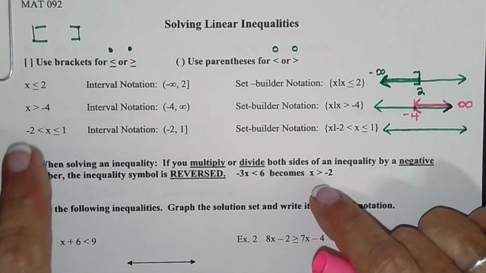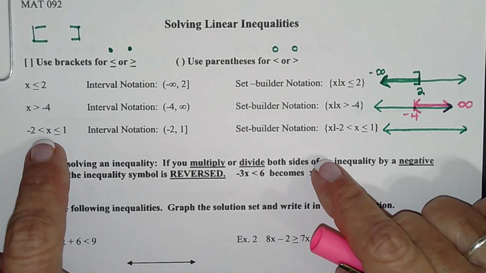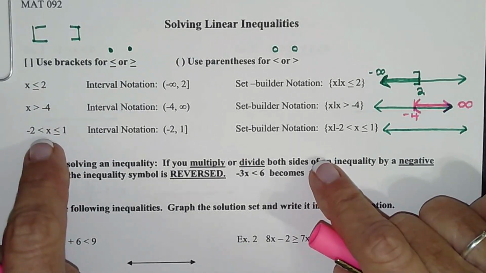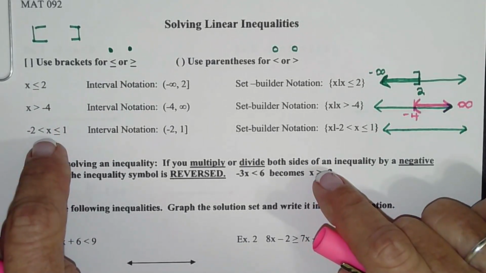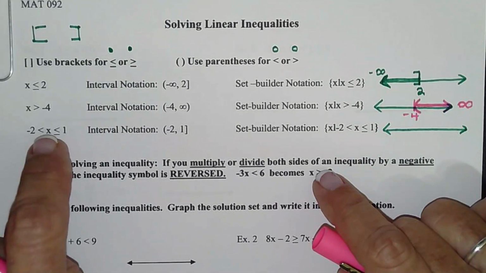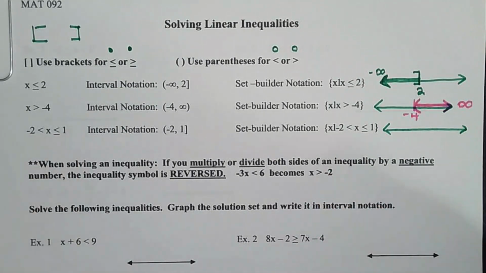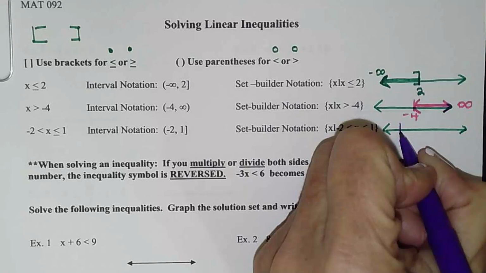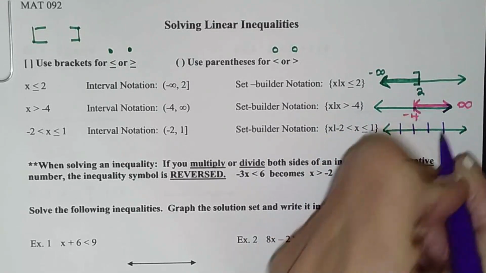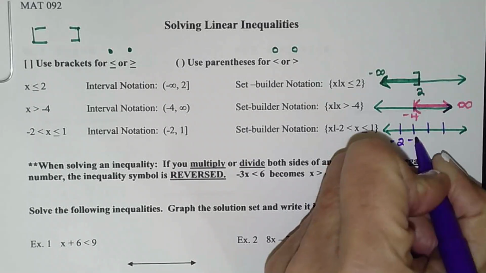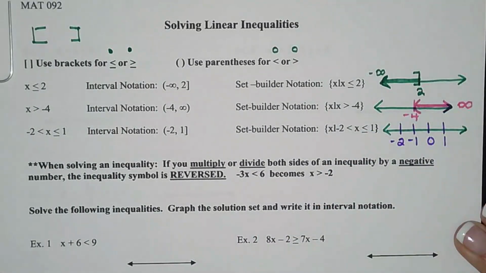And last, this was the last type we talked about, or actually they were mixed together in lesson 1. This means x is between -2 and 1. So we make a number line, -2, -1, 0, 1. And remember, the number lines will be drawn for you.